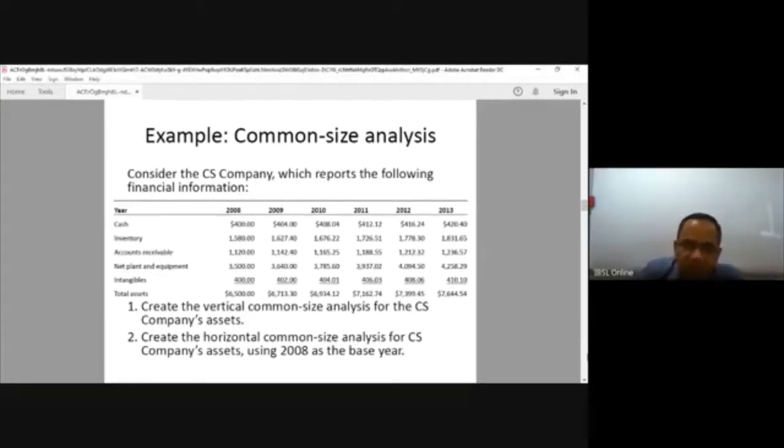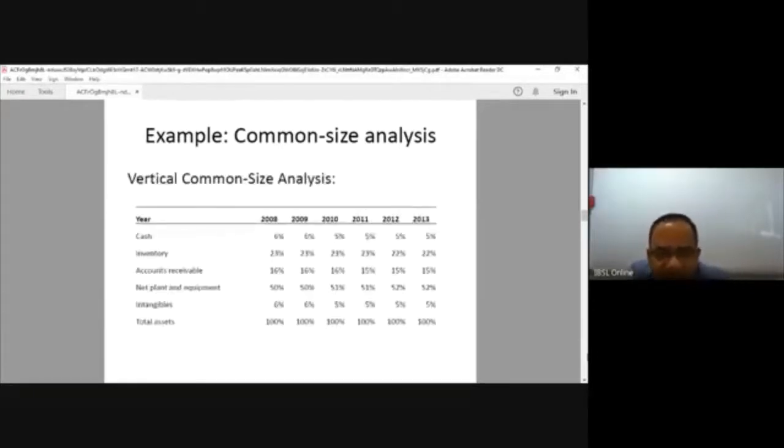Now, if it is vertical, what happens is that for the particular year, you take the total amount and make it 100%. Of that, what is the percentage other components have, right?